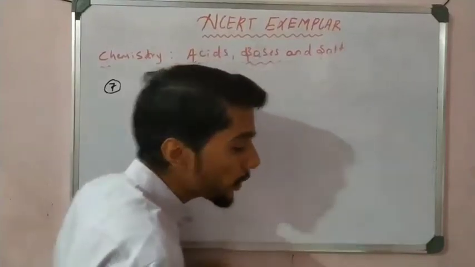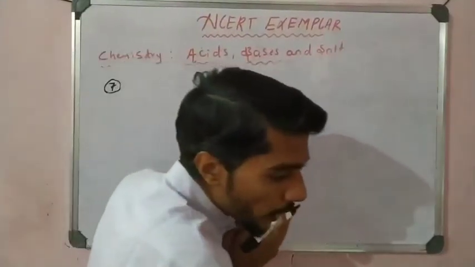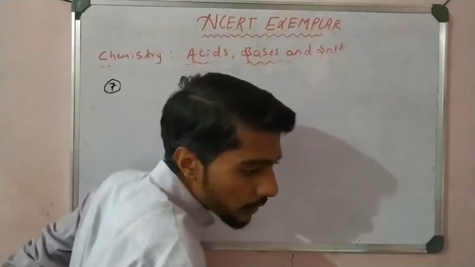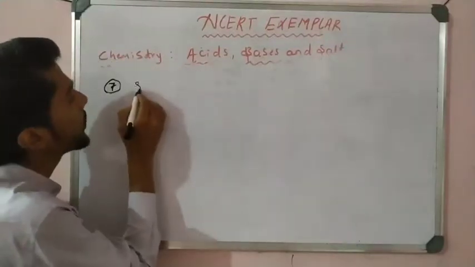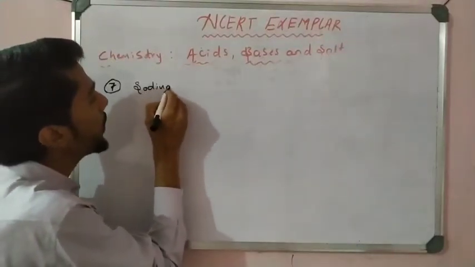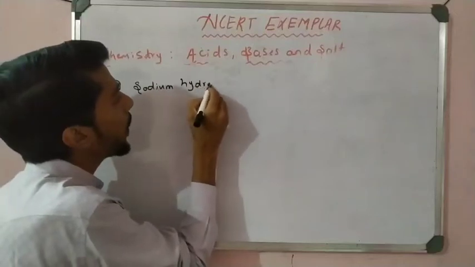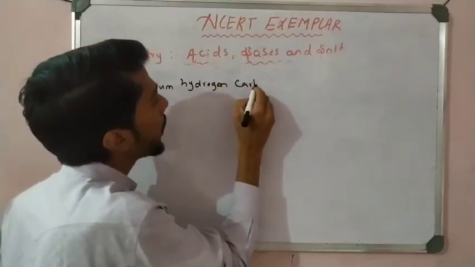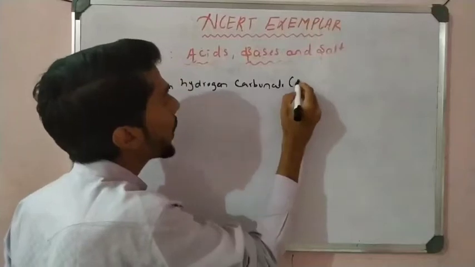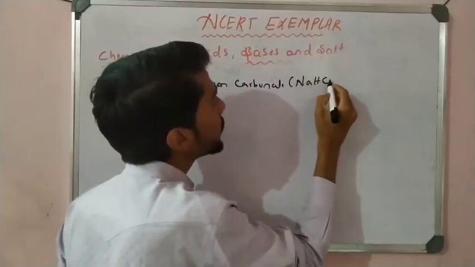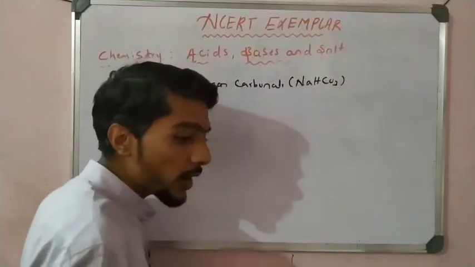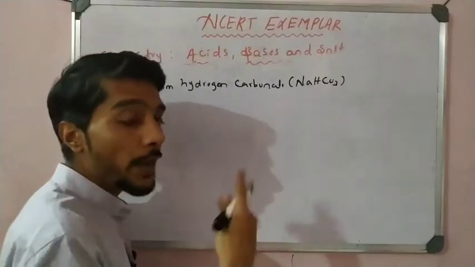Now let us take question number 7. Sodium hydrogen carbonate, that is the baking soda. You have to remember the formula, that is NaHCO3, sodium hydrogen carbonate, also called baking soda or sodium bicarbonate.